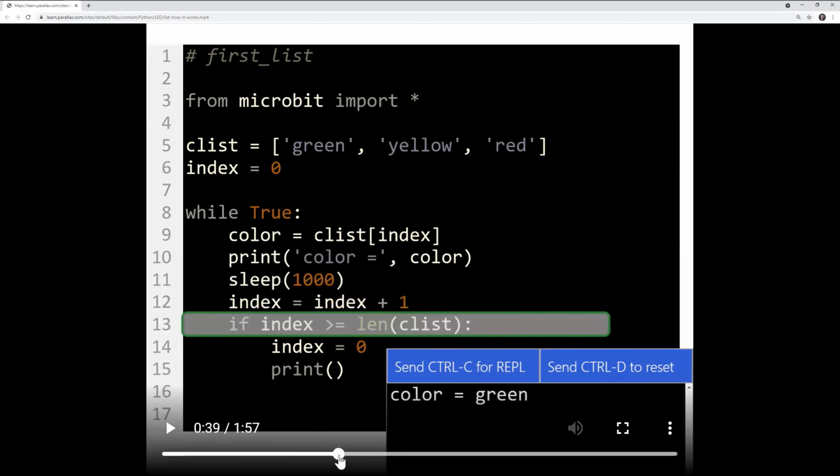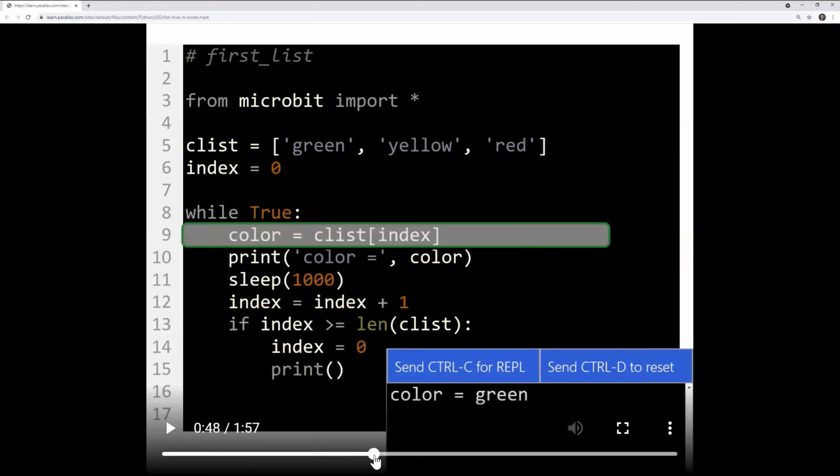This is a nice thing to show students exactly what's happening inside the variables, and also a way to get across that we have a list called CList. There's a function called len, which gives us the length of CList. Since 1 is not greater than that length, it's false, so we skip over putting the index to 0 and displaying nothing.